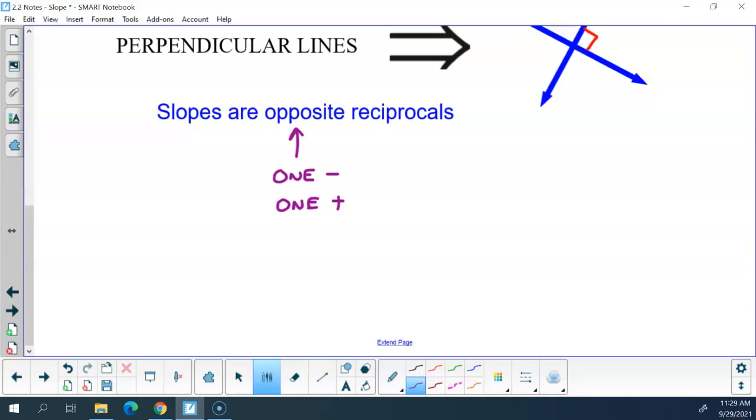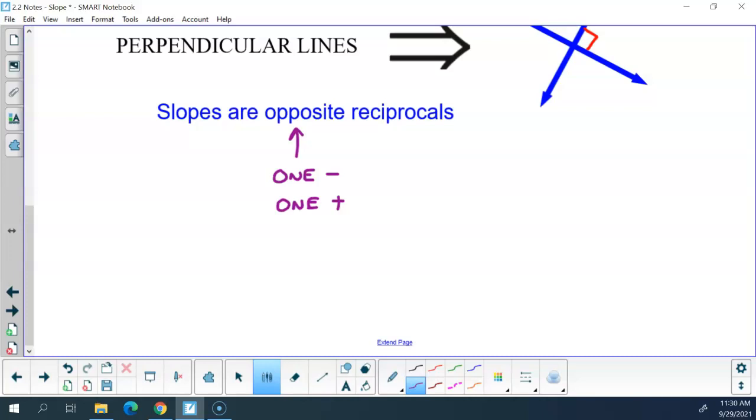Okay? What can you tell me about the word reciprocal in math? What do we do with the number to find the reciprocal?